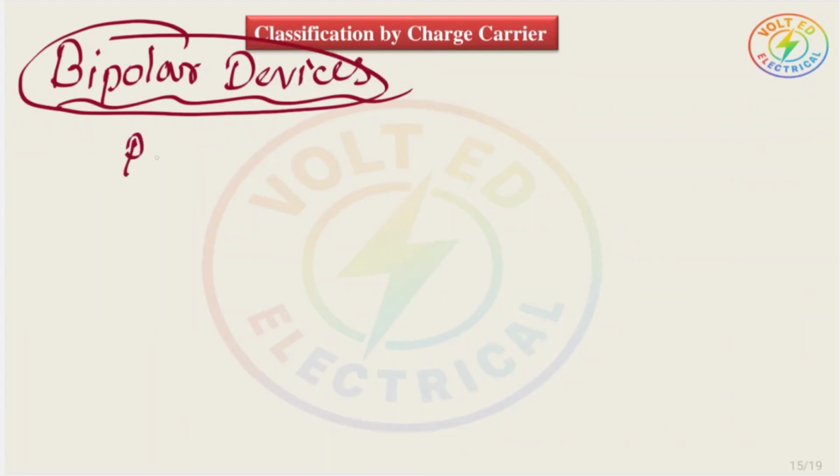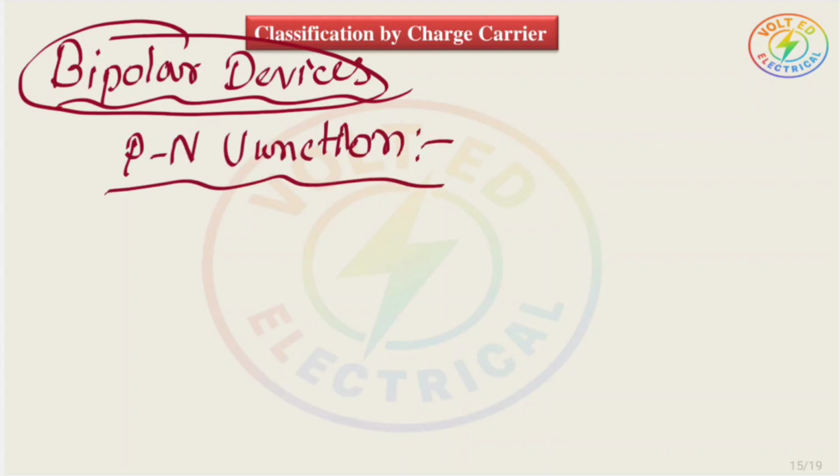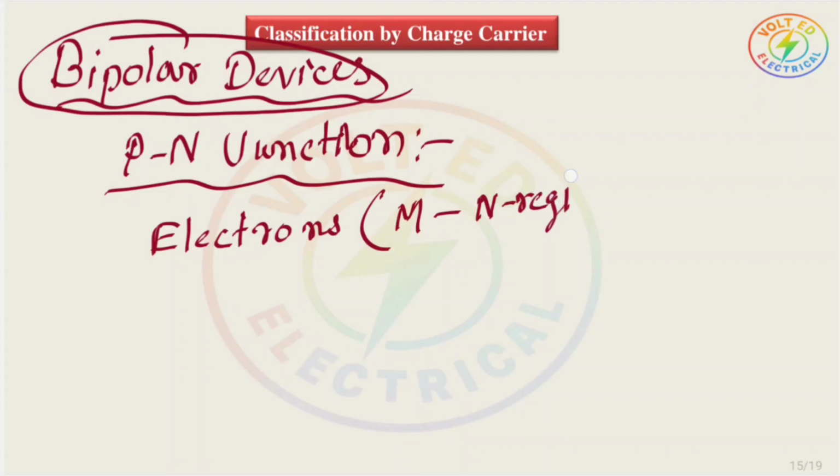PN junction diode. So here also, both types of charge carriers are involved in the conduction process. That electrons are majority in n region, and minority in p region.